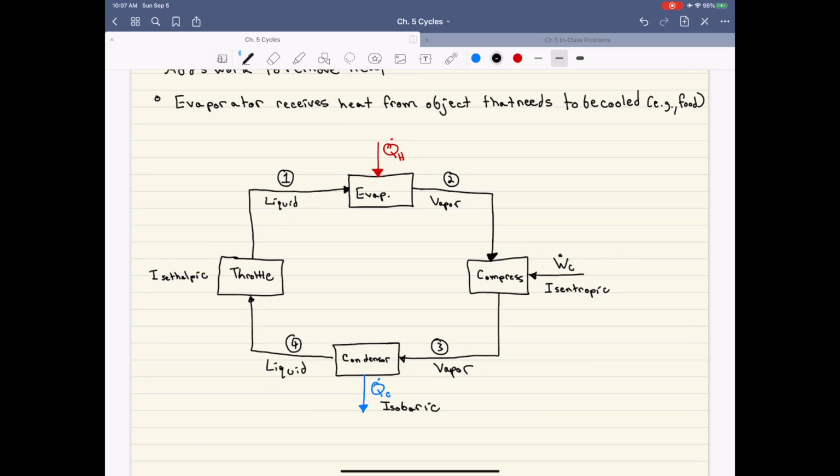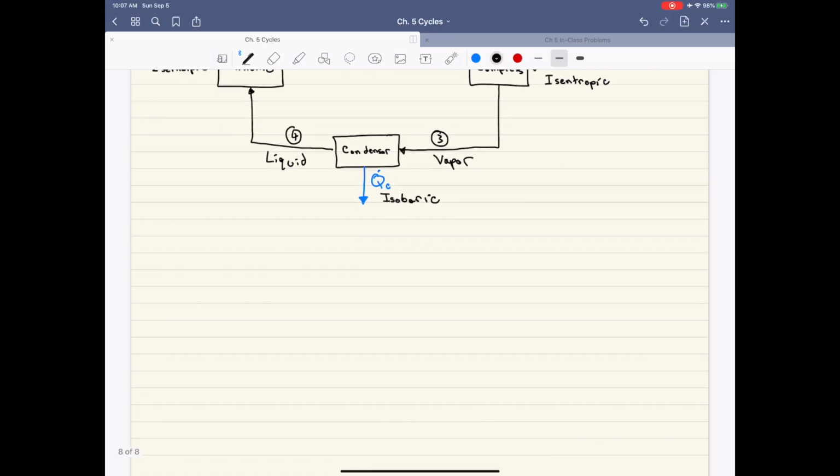Okay, and so in the refrigeration cycle, we use some sort of chemical refrigerant as the liquid and vapor that passes through the cycle. Throughout history, there have been many different types of refrigerant fluids used.